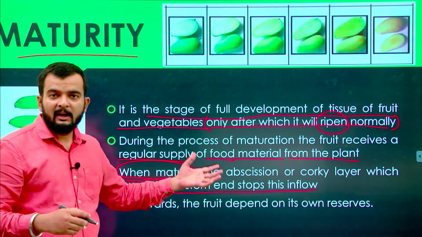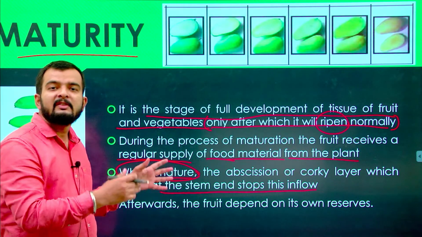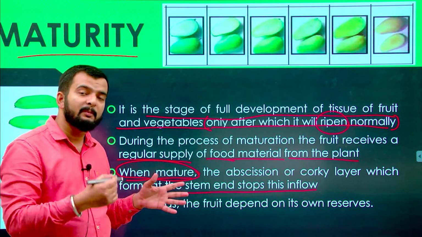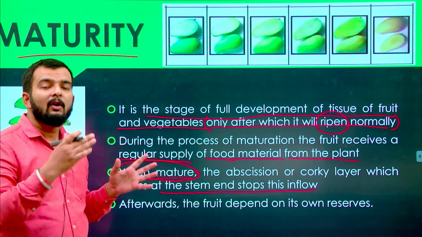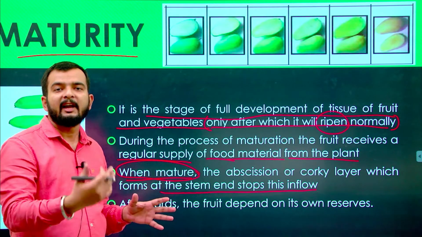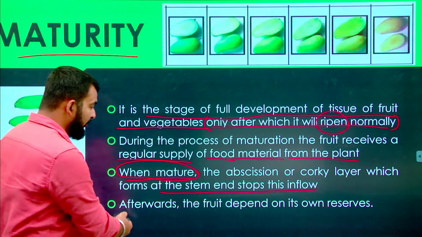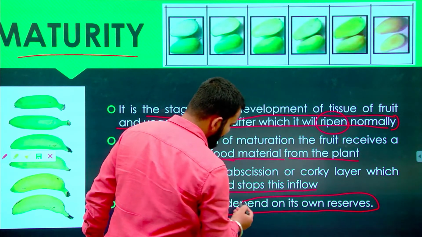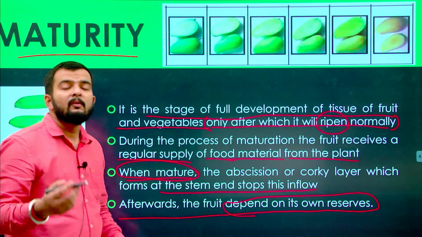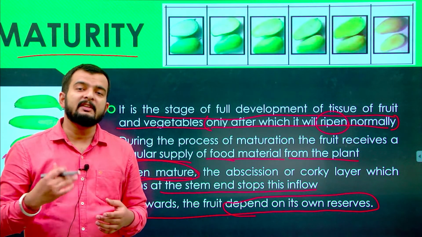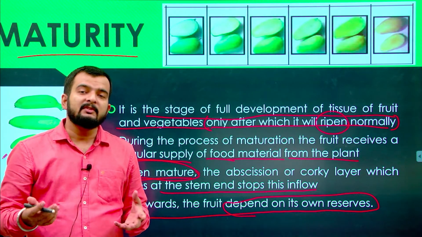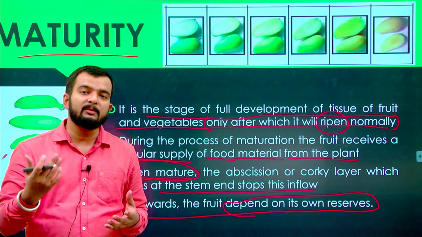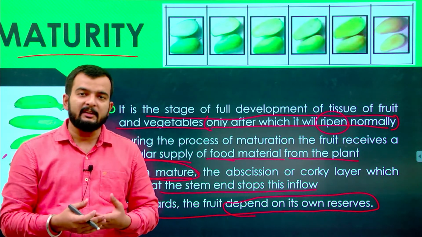Now after maturity has been achieved and the flow of nutrients and food material from the plant stops, the only option the fruit has is to ripen. Afterwards the fruit depends on its own reserves. See, when the fruit is growing and still attached to the plant, it continues to take in various nutrients and food material from the plant and store them inside the fruit.